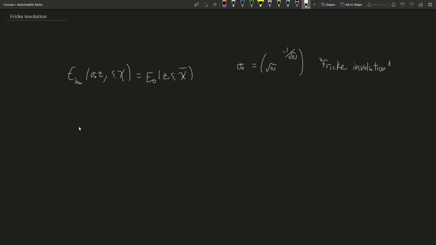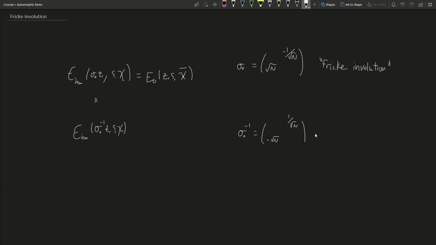So the first thing that I'm going to do is justify this claim that over here you can replace this sigma naught with a sigma naught inverse and change nothing else. The reason this is so is because you can compute that the inverse of this matrix is the same thing but with a minus sign in front of everything.